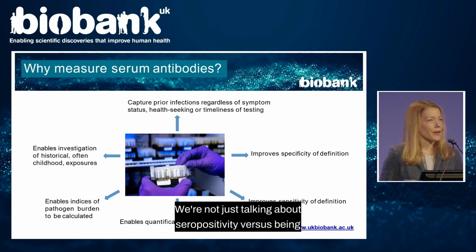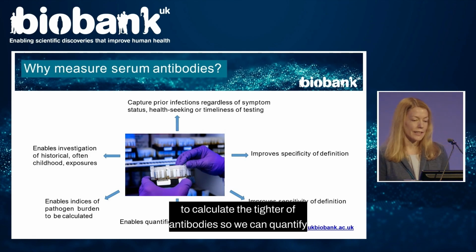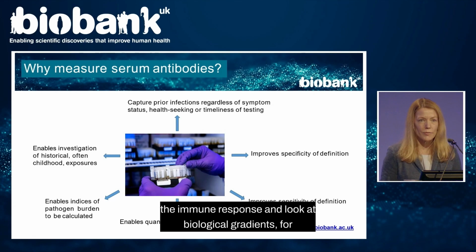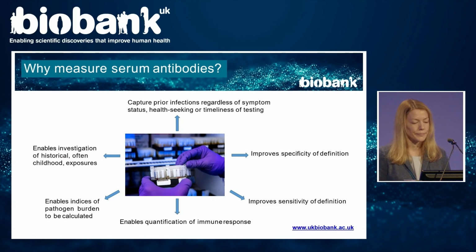We're not just talking about seropositivity versus being seronegative, but using quantitative assays enables us to calculate the titer of antibodies so we can quantify the immune response and look at biological gradients, for example, in epidemiological studies.